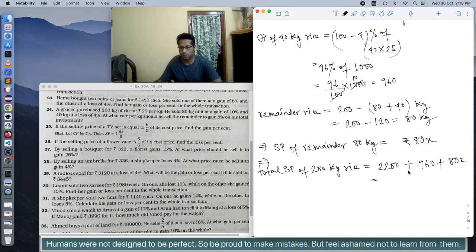This is equal to 3160 plus 80x. This is the total selling price of 200 kg rice.